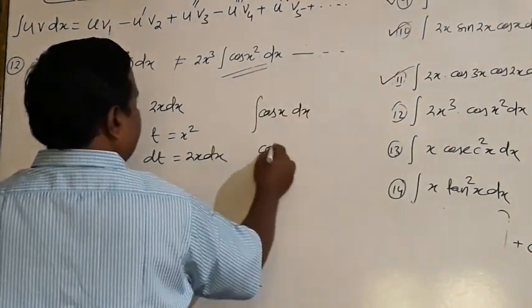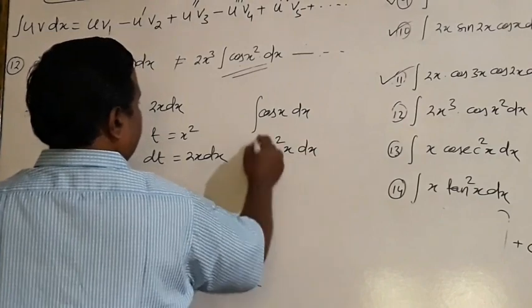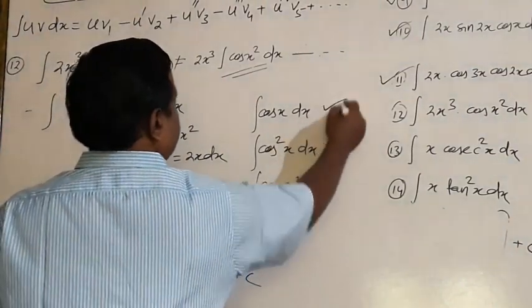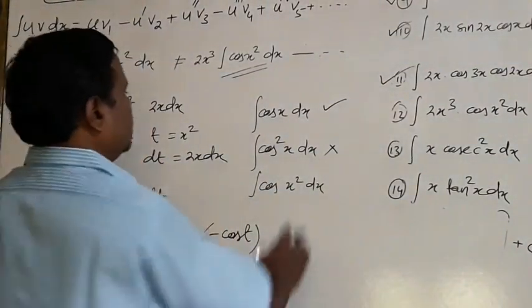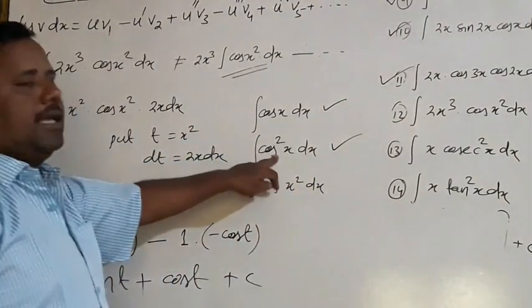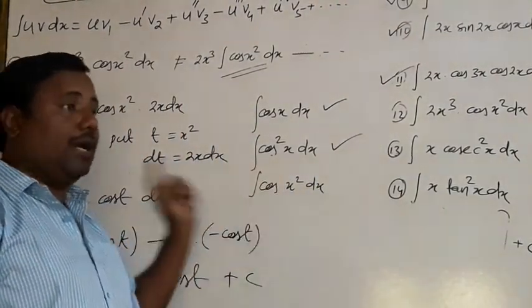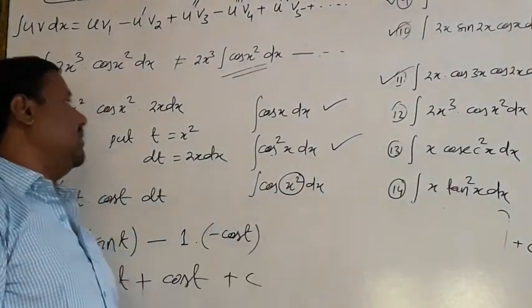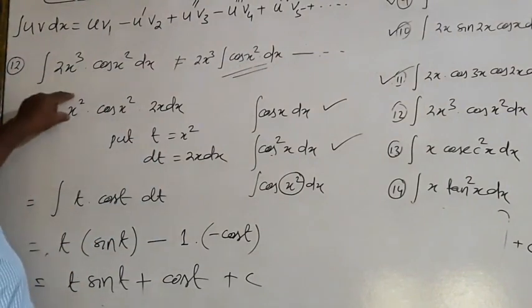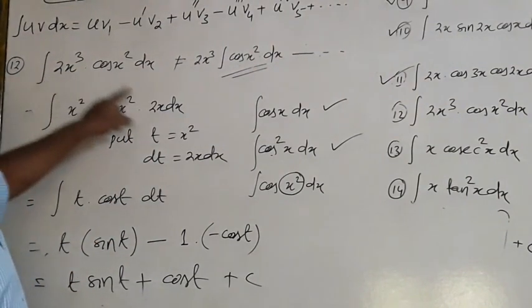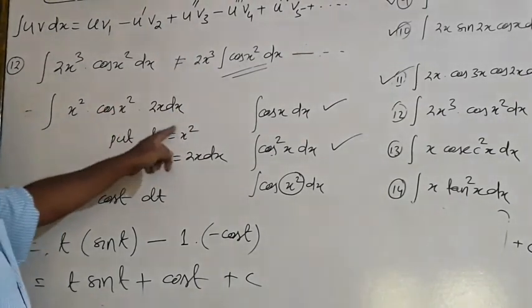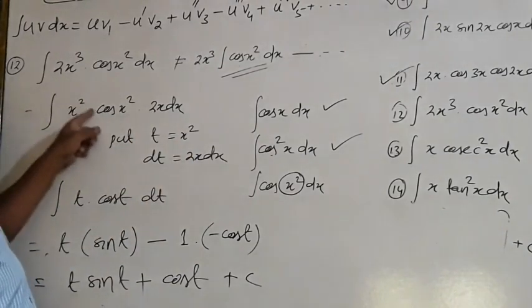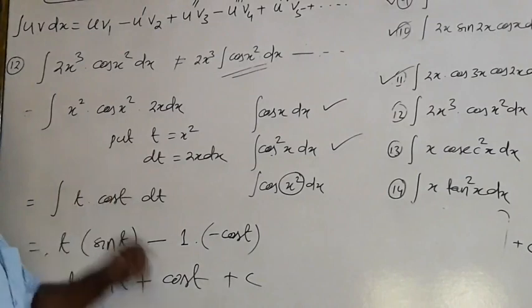You cannot do it, because the derivative of x squared, 2x, should be there inside. That's why I am taking x squared as one part and 2x dx as another part. Putting t equal to x squared, dt is 2x dx, it becomes t cos t dt. Okay.